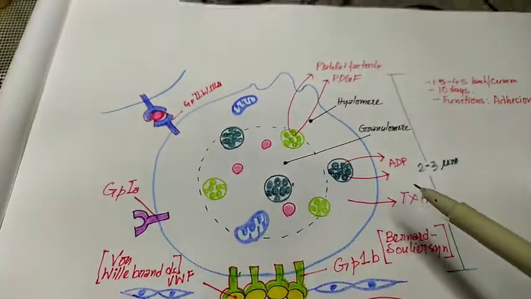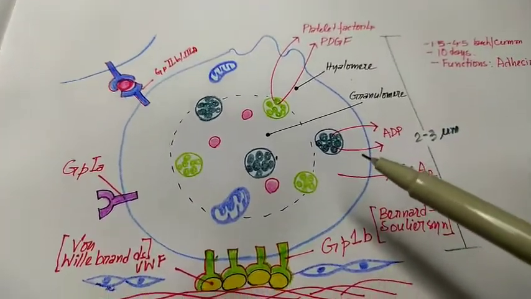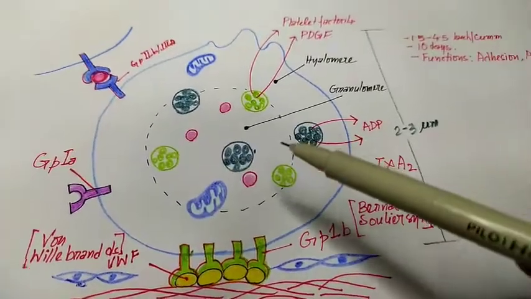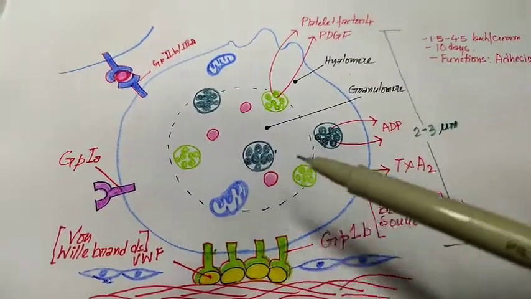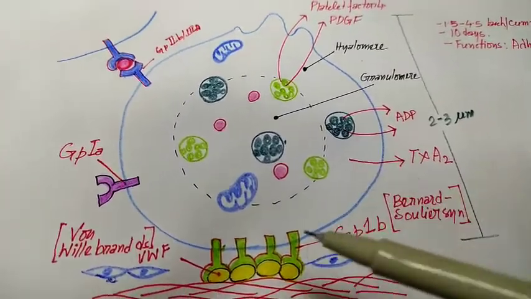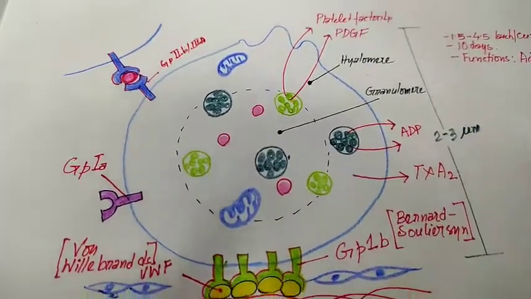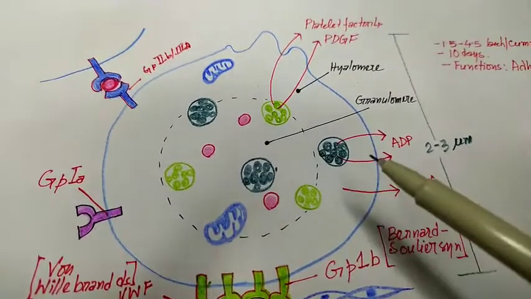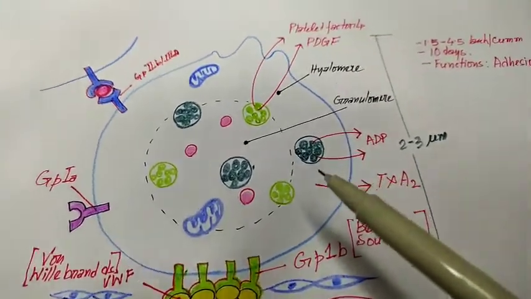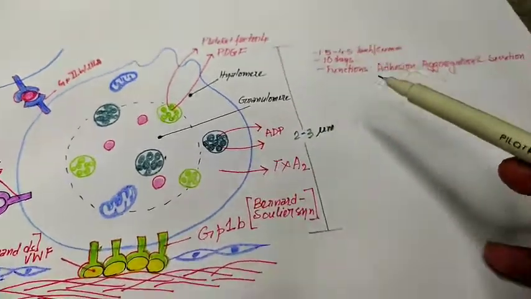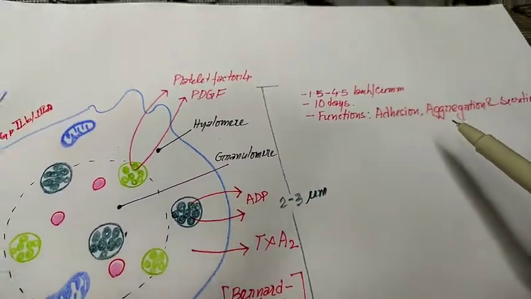Activation of platelets means there is structural change of the platelets. The structure of the platelet will change from round to a structure with projections or pseudopods, and after this activation there is the process of aggregation.